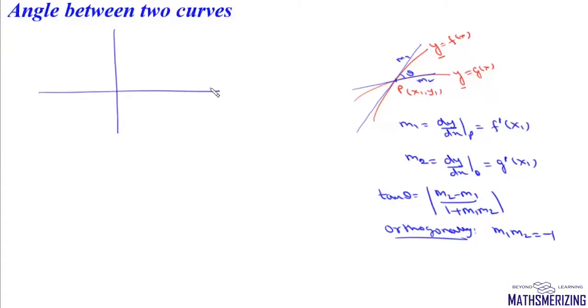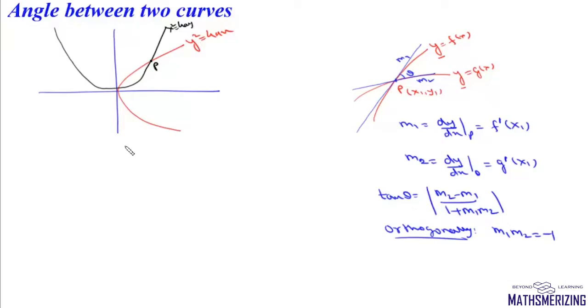Now say for example, suppose we have two parabolas, y square equals 4ax and x square equals 4ay. Now we need to find angle between these two parabolas at this point of intersection. So first what we'll do is we'll solve these two equations and we'll find this point of intersection. So we'll put the value of y here.